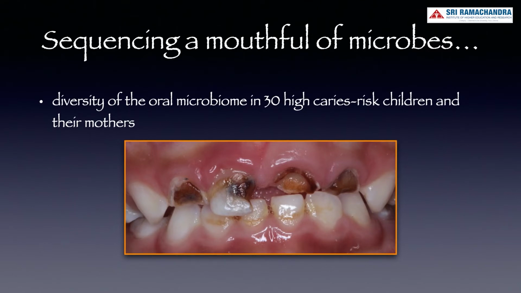A clinical examination was carried out using the ICDAS criteria to estimate their caries status. There was no use of antibiotics for 2 weeks prior to donating the sample. On collection of the sample, DNA was extracted, PCR amplification performed, sequencing using the next generation sequencer carried out, and then subsequently bioinformatic analysis, with the results in the next couple of slides.